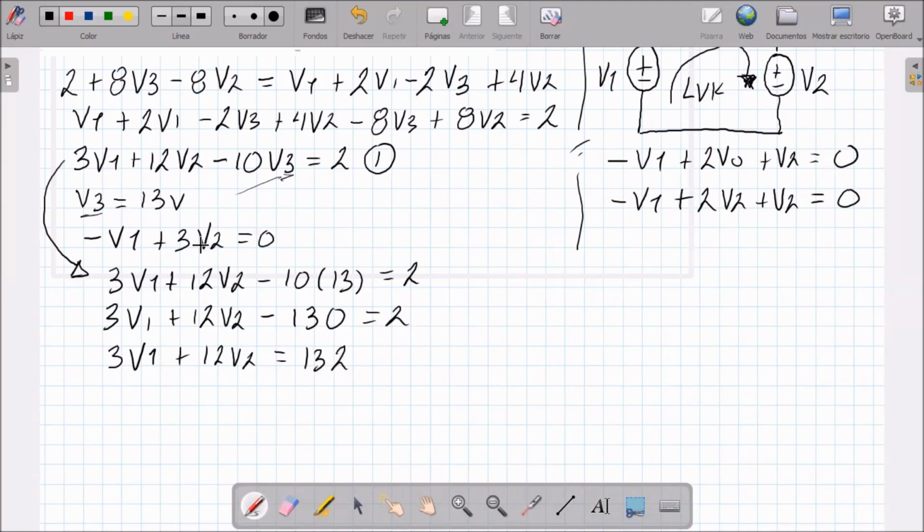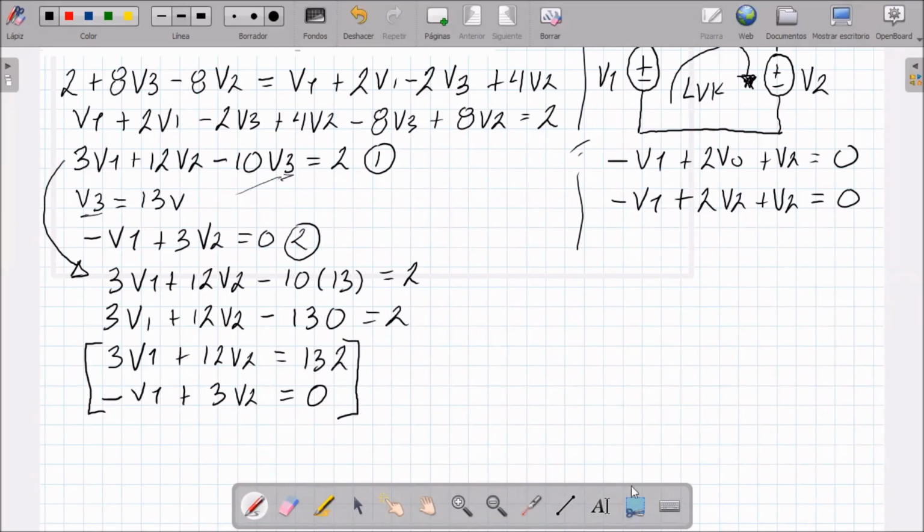I can pair this new equation with the other equation that I had here, minus V1 plus 3V2 equal to 0. This would stay with me.